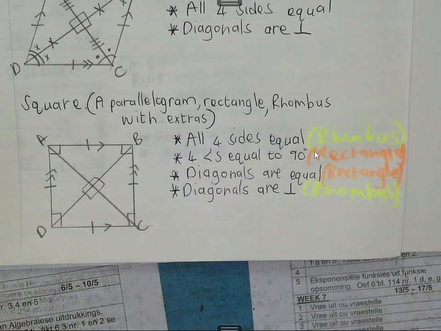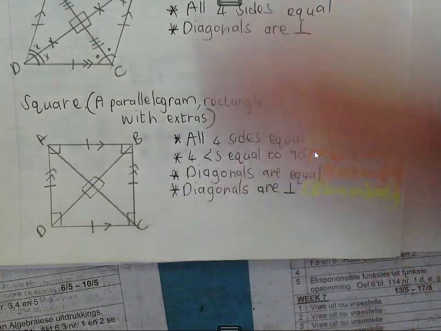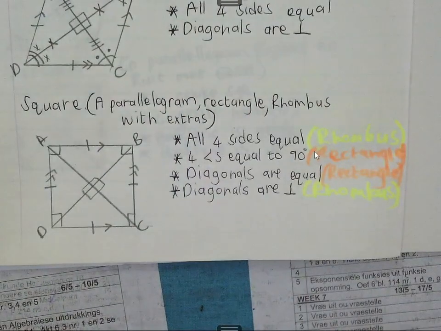Or any other combination where you prove it's a rectangle and a rhombus. That makes a square. Does that make sense to you all? Okay. But it's important for you to know this extremely well. Do you see how close to the same it is? But yet it's so different. So please look carefully there.